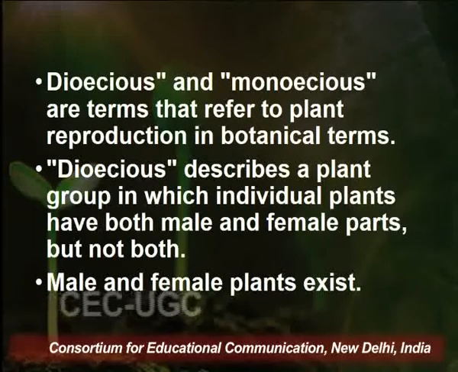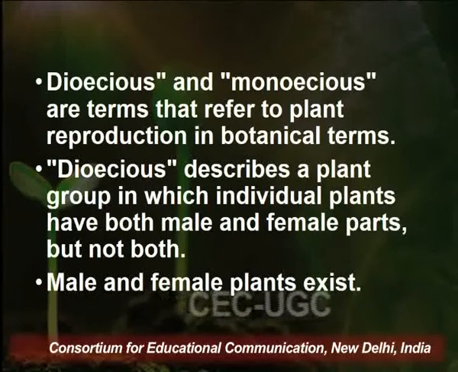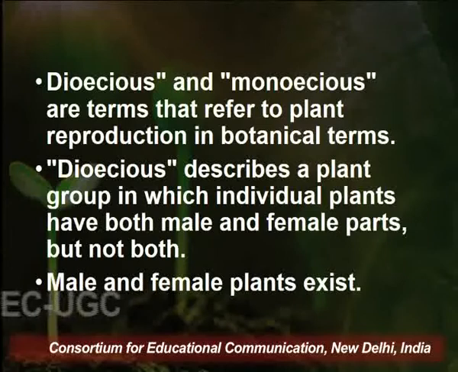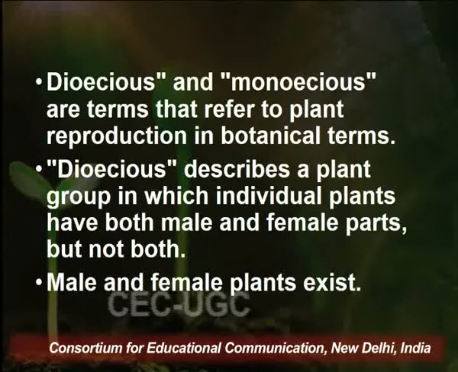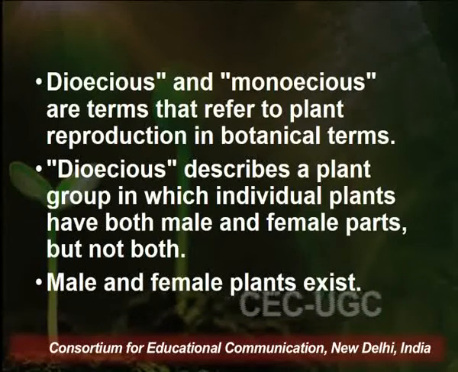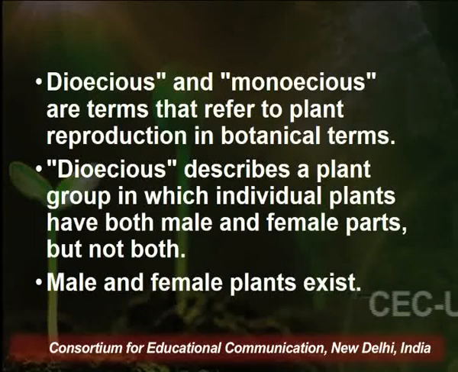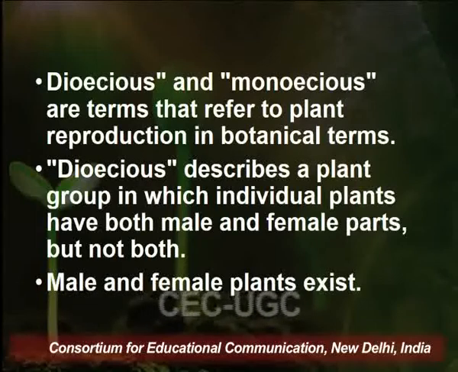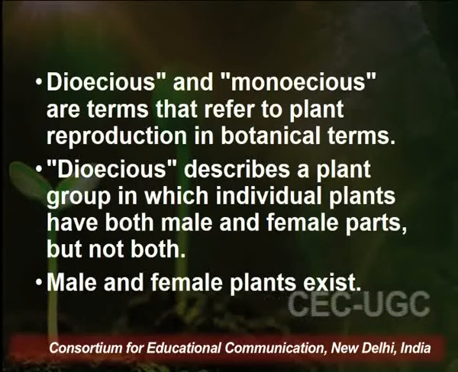They are the terms which are actually referring to a plant reproduction in botanical terms. Dioecious would describe a plant or a plant group where the individual plants have both male and female parts, but not both on the same plant. So that means we have a male plant and a female plant.